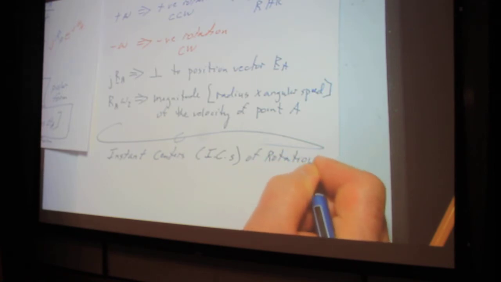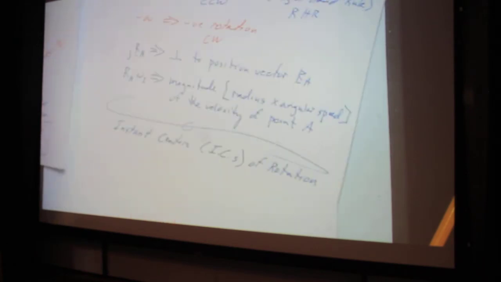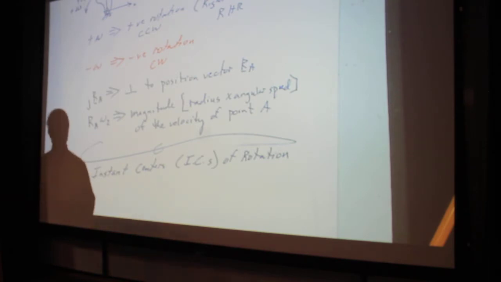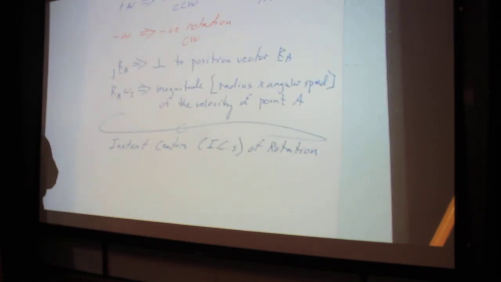Instant centers are a way to determine the velocity of points on mechanisms using this graphical approach. So rather than apply the tool at first, I'm just going to show you how to find instant centers on mechanisms. After I show you how you find them, then we're going to see how we can use those to determine velocity graphically.